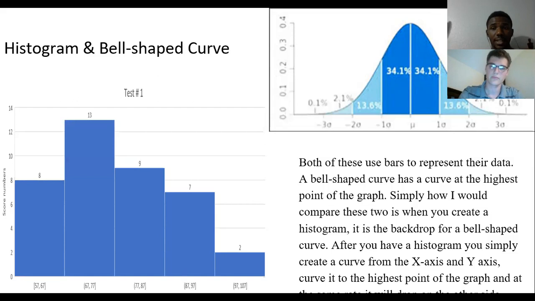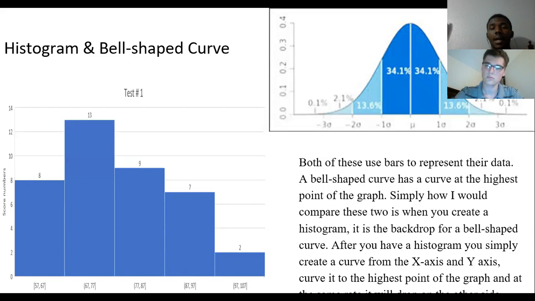Now, both of these use bars to represent their data. So as you can see with the bell-shaped curve, there's bars in the middle. Even though they're curved, it's still derived from bars. And simply how I would compare these two is, like I told you earlier, how they go up in the middle and then on the sides they go down.